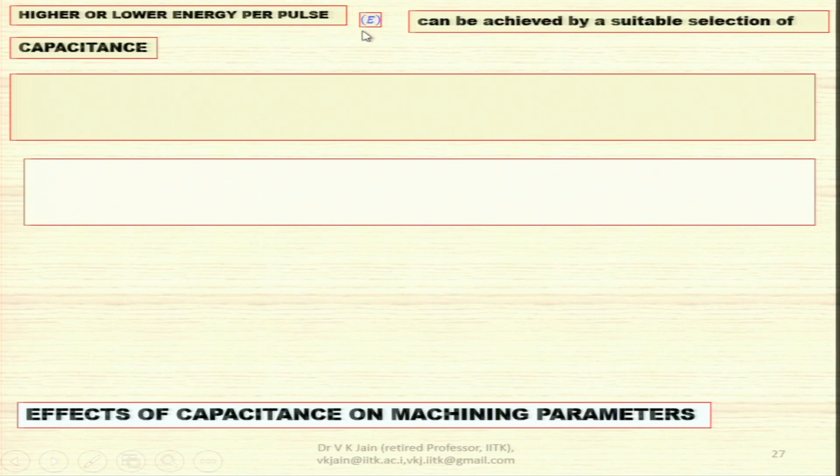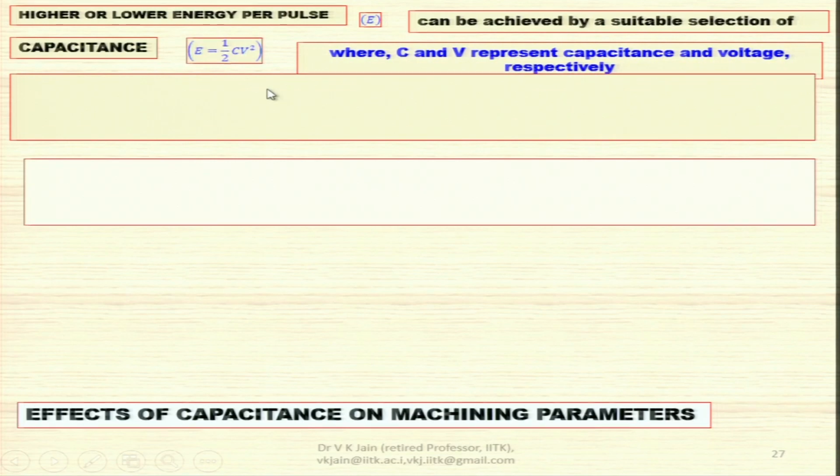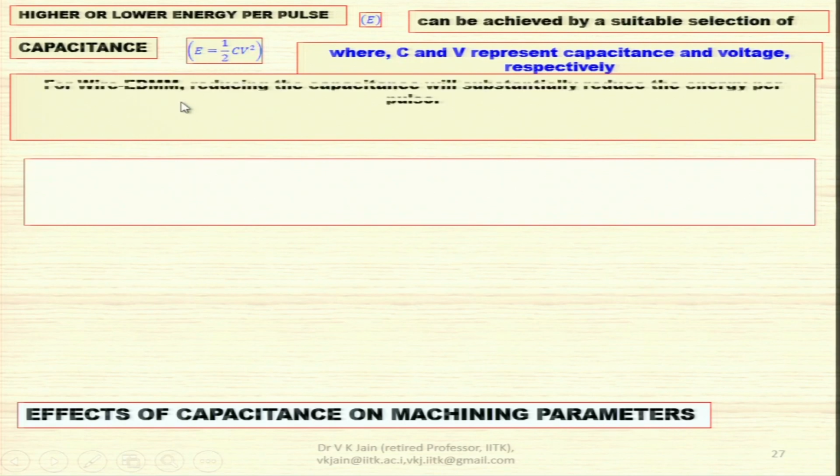Energy per pulse is represented by the letter E, and it is given by E equal to half CV square, where C and V represent capacitance and voltage respectively. So you can calculate the value of E if you know the value of C and V.